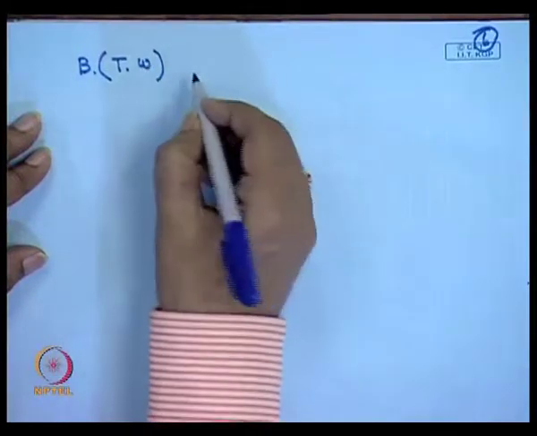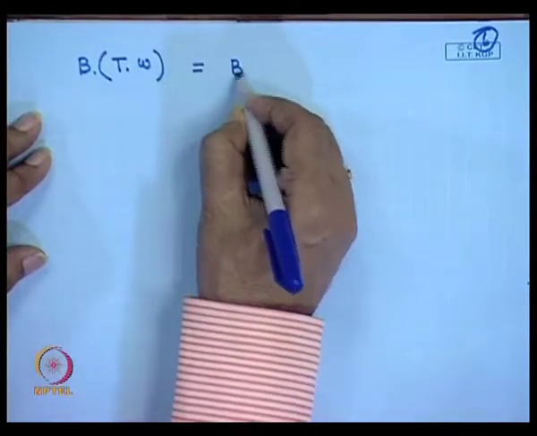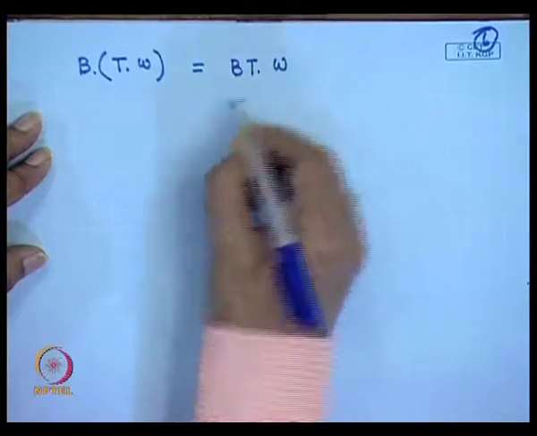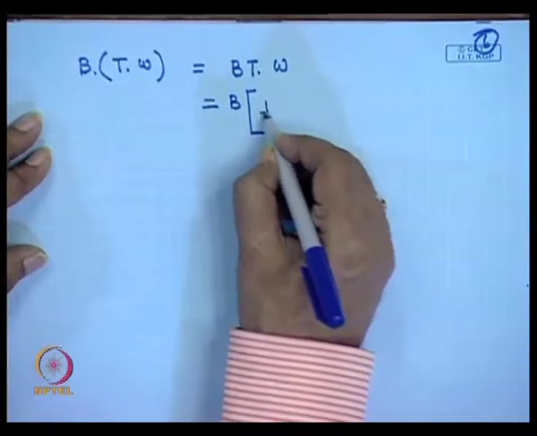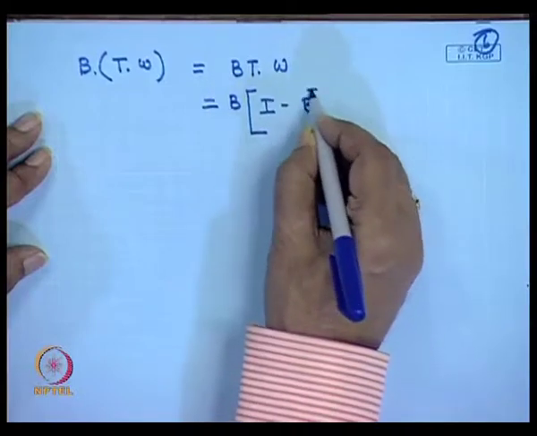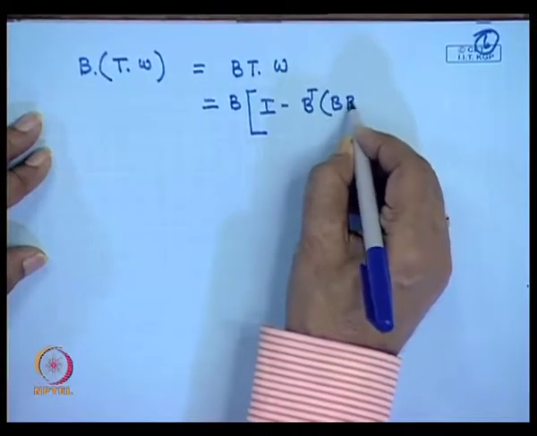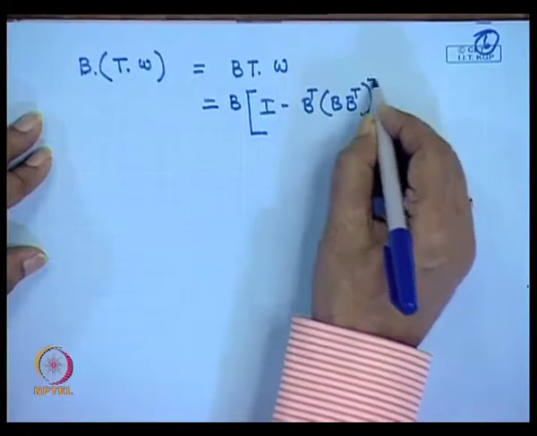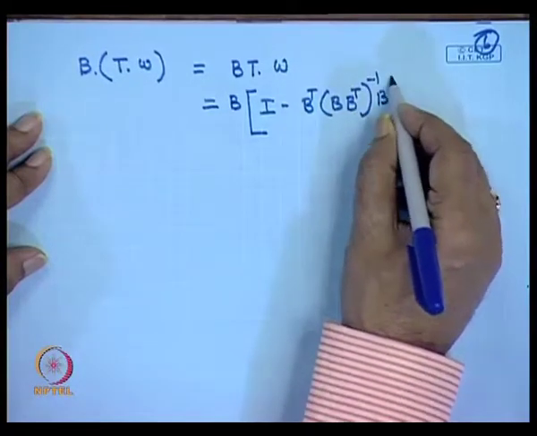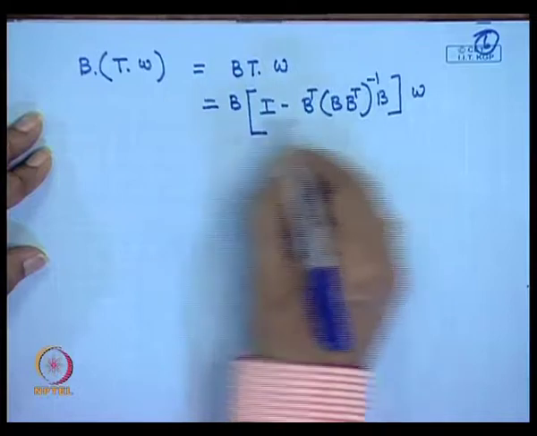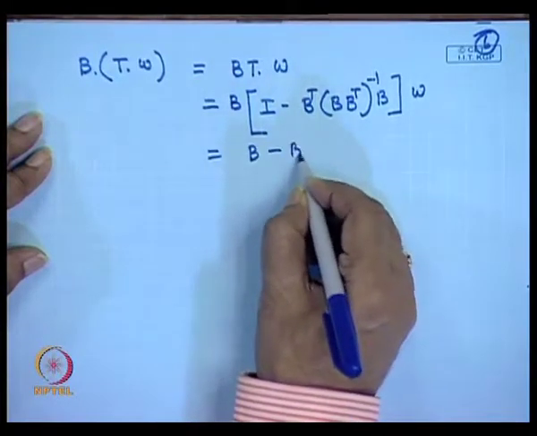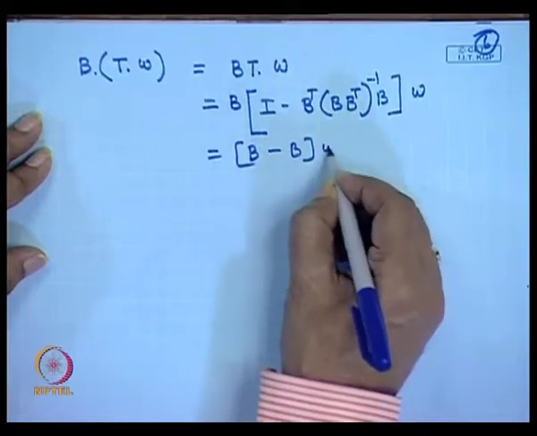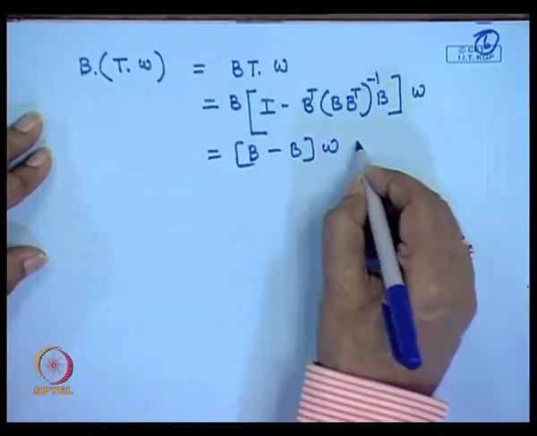So, it is nothing but b into t into w, and what is t? I am writing it as I minus b transpose of b b transpose whole inverse into b, into w. If you expand that, it will be b minus b multiplied by 1, which is 0. For any value of vector w, this result is 0.